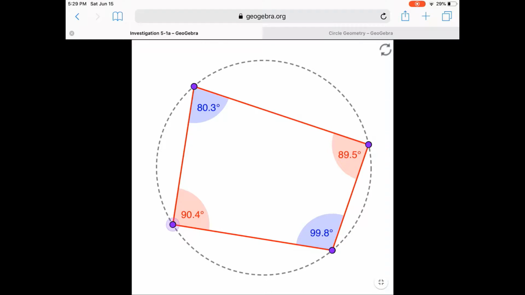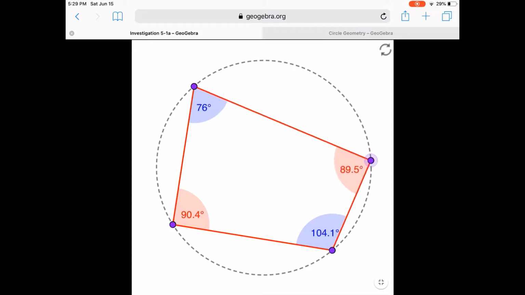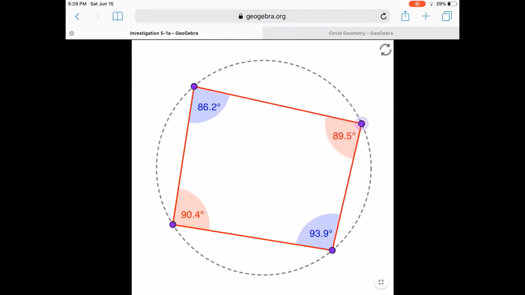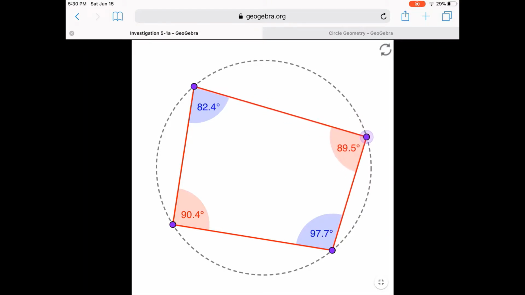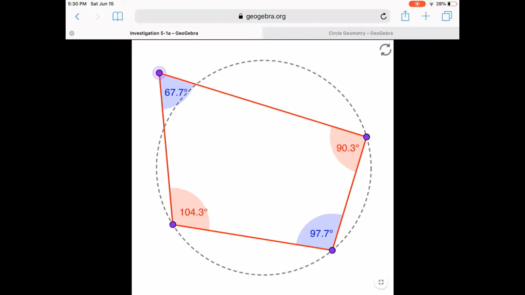Now if I move this point around the circle, you can see that the blue angles still always add up to 180. But when I move this point outside the circle, you can see that the two angles don't add up to 180 anymore. Let's see why.